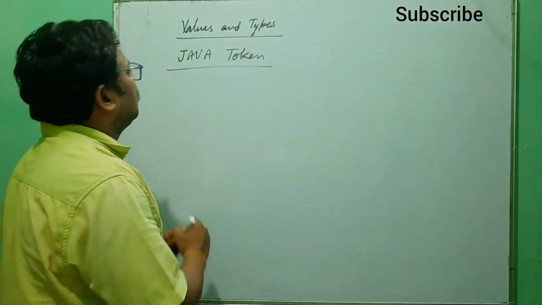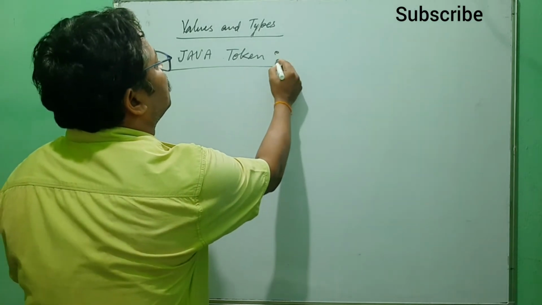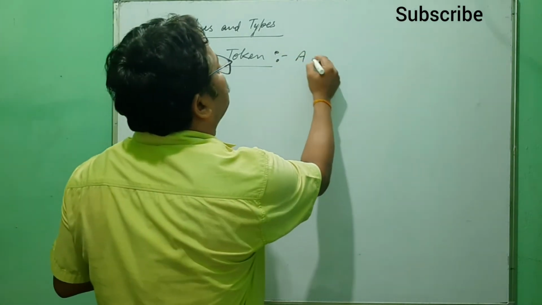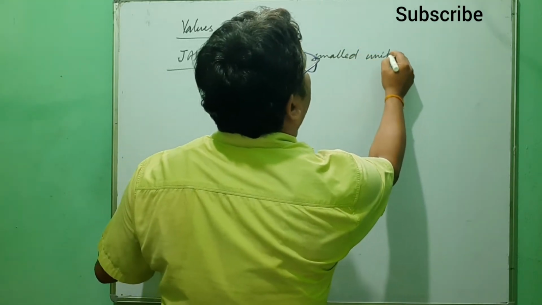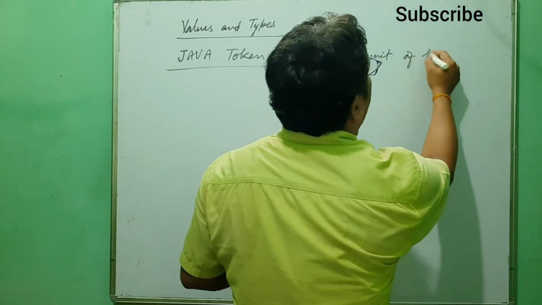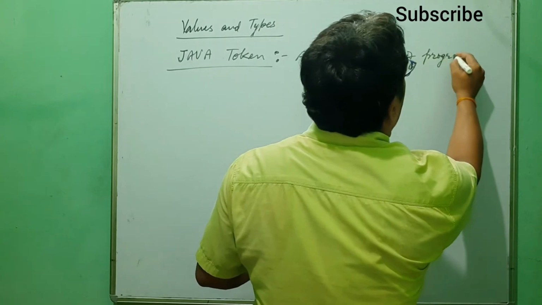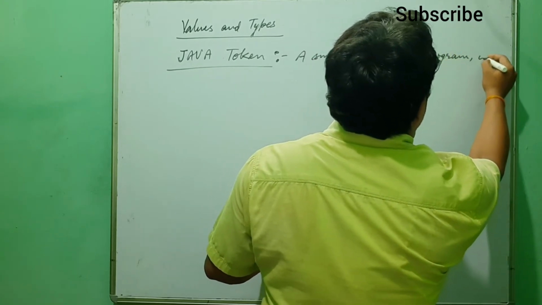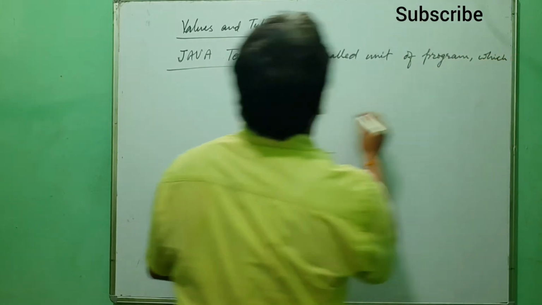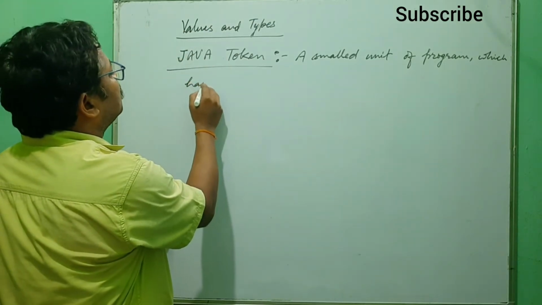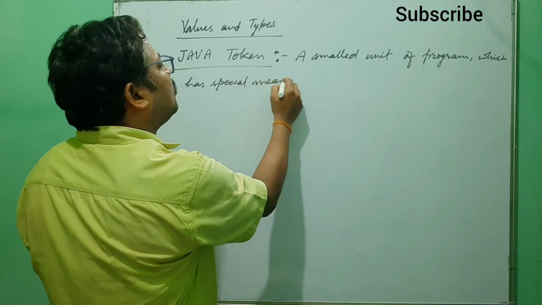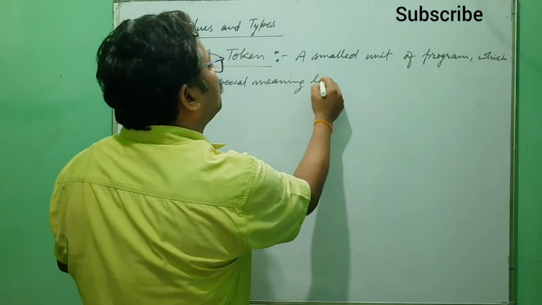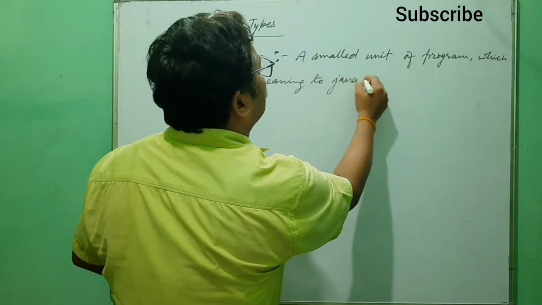So here we understand that this is the smallest unit of a program, which has a special meaning to the Java compiler.